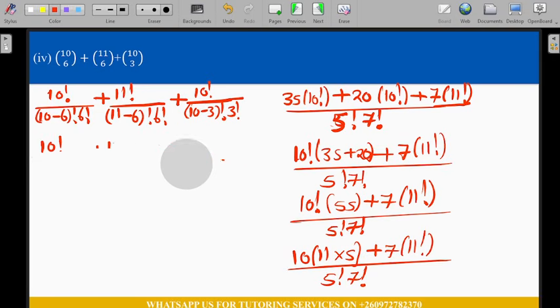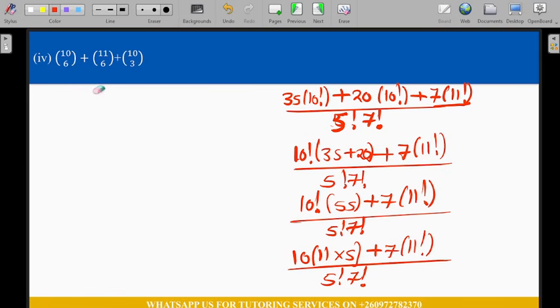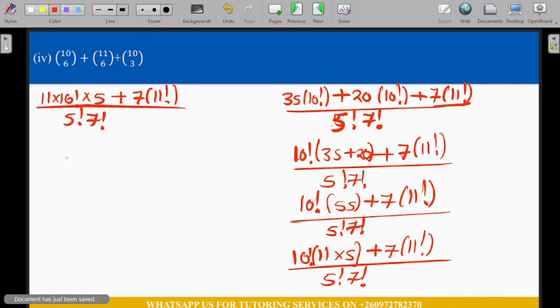So we can go further. Remember this 10 is a factorial here. So I'll start with 11 times 10 factorial, then times 5, plus 7 times 11 factorial, over 5 factorial 7 factorial.